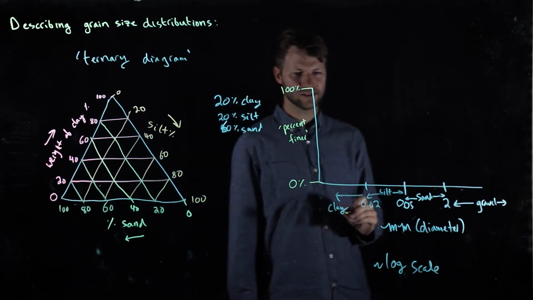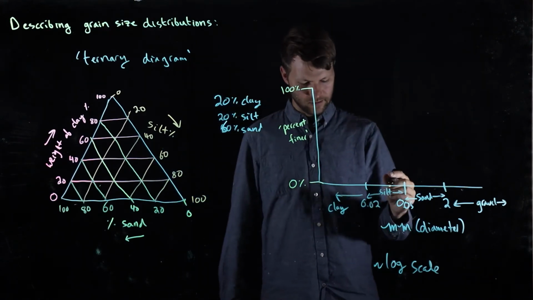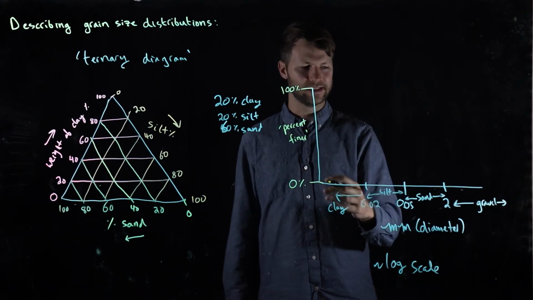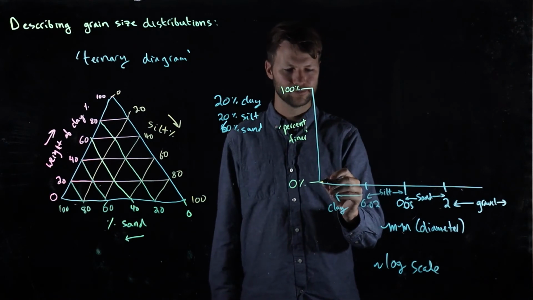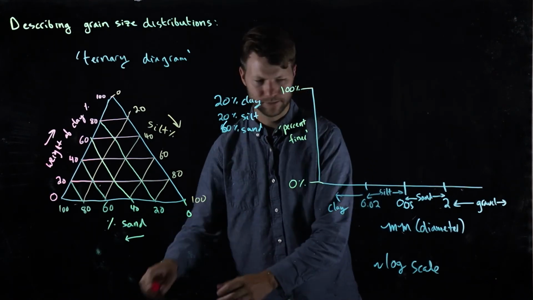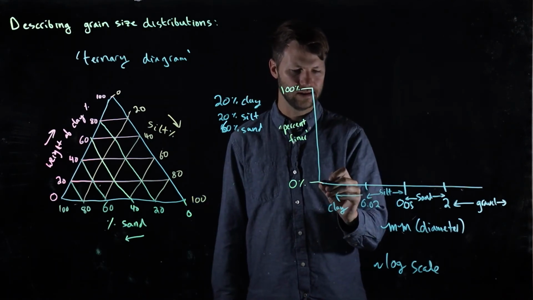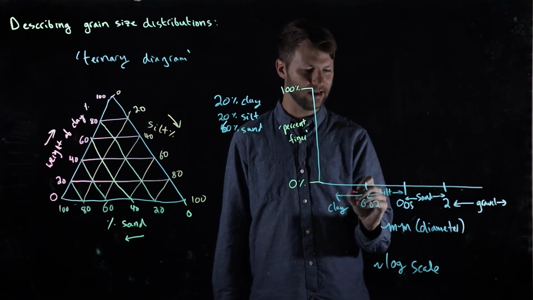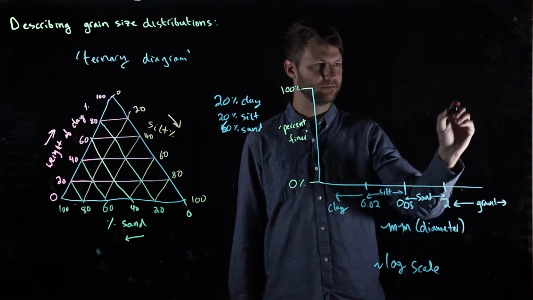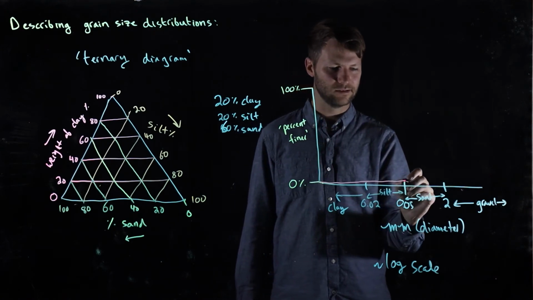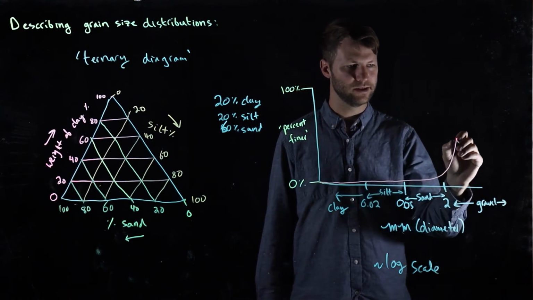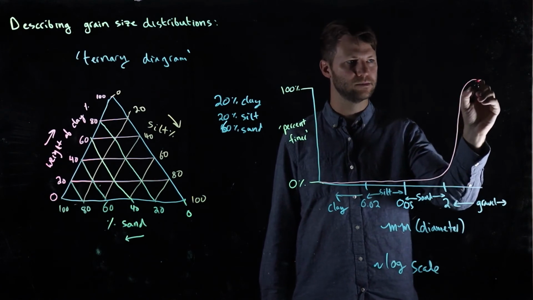And the way that this works is that, let's say we had a sample from a river bed that was almost all gravel. That particular sample, it's not going to have a lot of these small grain sizes, but it's going to have a ton of gravel. So it's going to be kind of a line here, and it's going to shoot up here to get to 100%.